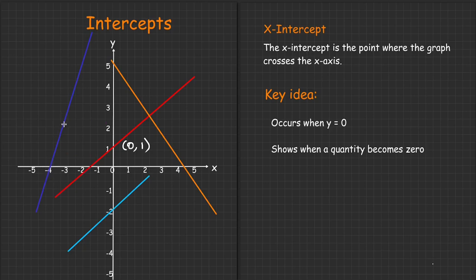So at what point does this line touch the x-axis? And we know when writing coordinates, we use the x before the y, that is x, comma, y. So the point here is going to be -4, then 0.